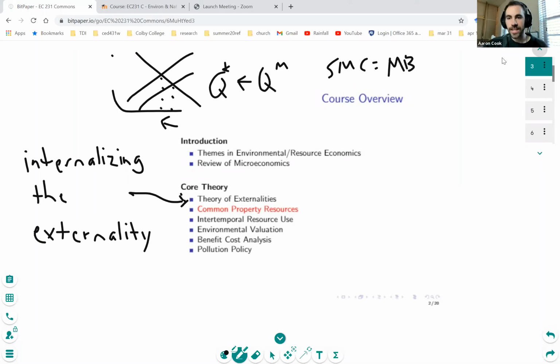Putting the Pigouvian tax on that activity, quote, internalizes it. It brings it inside the market, and now suppliers and consumers have an incentive to take into account those external costs. And as they respond to that Pigouvian tax, in principle, they're going to reduce their quantity to Q star if the tax is set at the right level.